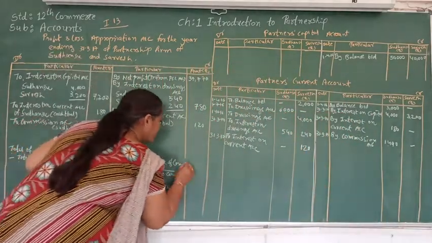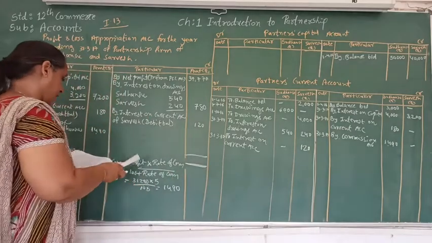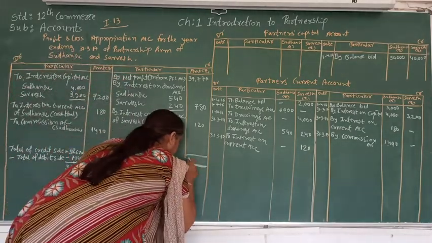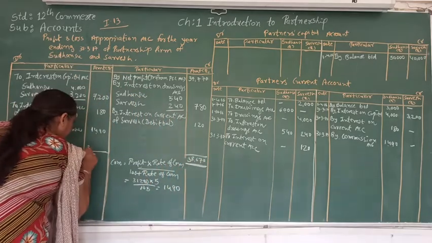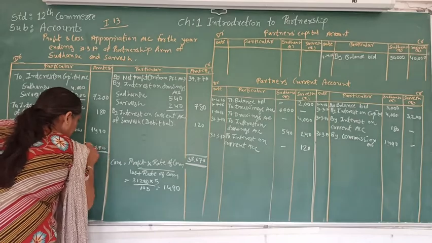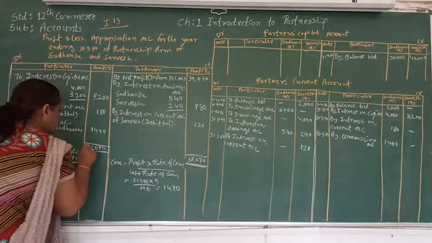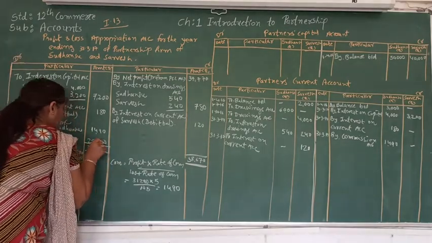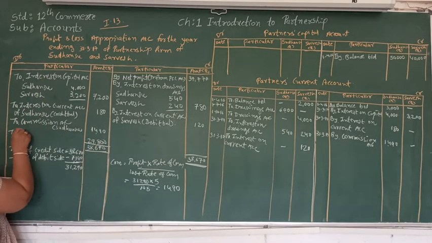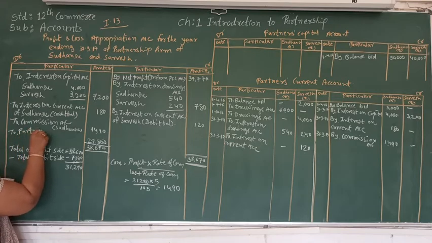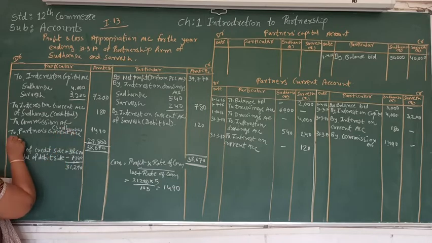Now we have to calculate the profit. So total profit, let's calculate that. For that, 38,670. So from that, if we are going to deduct this, that will be 29,800. This is going to be divided in the ratio of 3:2 to partners' current accounts, Sudhanshu and service.